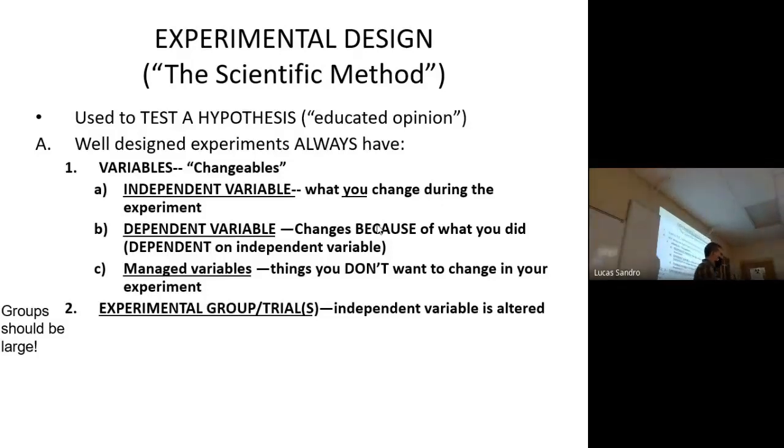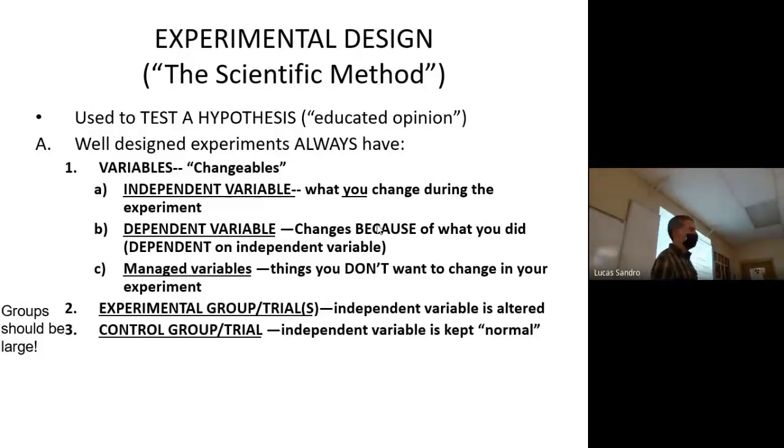How many tests I did this way and how many tests I did this way. But the experimental group is the one where the independent variable is altered. Meaning the group that gets something different. The group that gets the thing that you're really testing. In this case, the group that got your COVID pill. The control group, of course, is the group where nothing's altered.